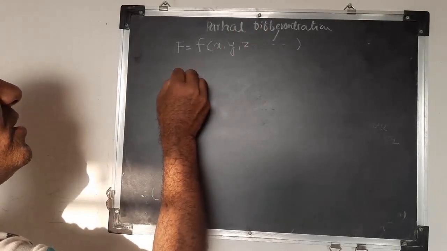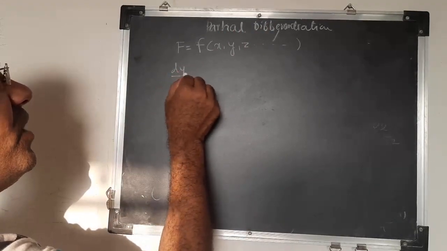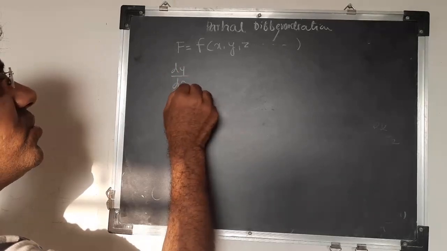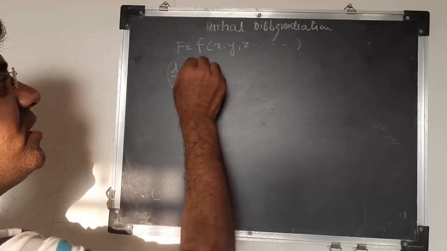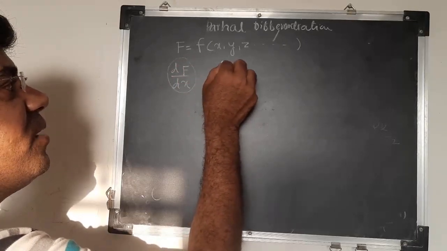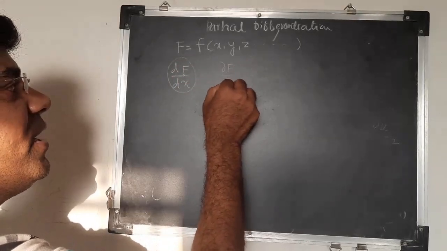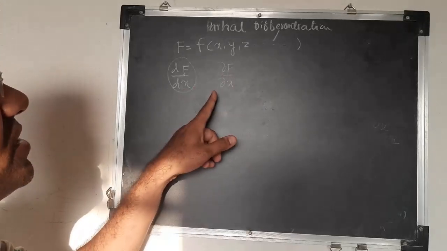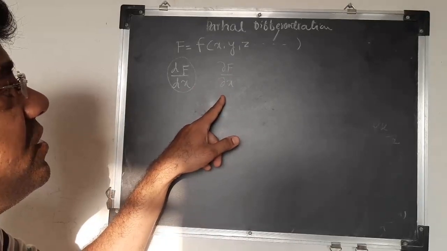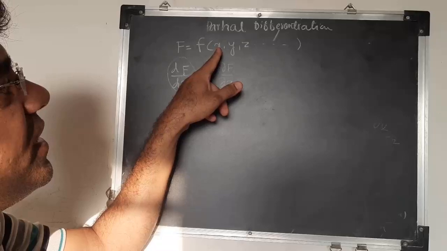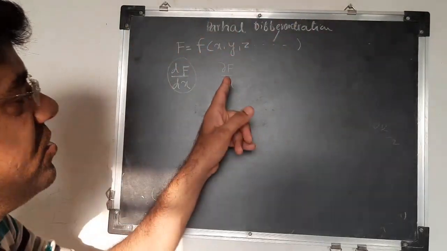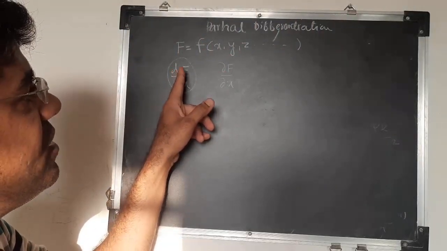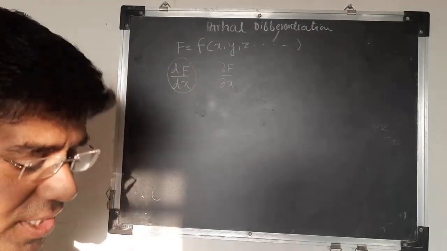So instead of dy by dx, suppose, or df by dx, we can't write df by dx here, we write del f by del x, because the partial differentiation with respect to x, this does not depend only on the x variable, this depends upon x, y, z, whatever that is. So that's why instead of d it is changed to del.